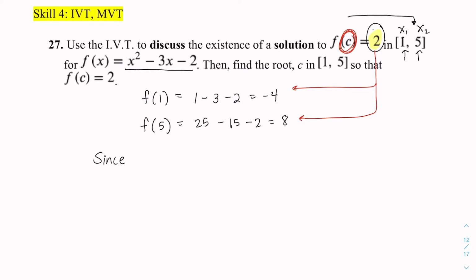But we begin, since f of x is, we always start this way, continuous over the closed interval from 1 to 5.